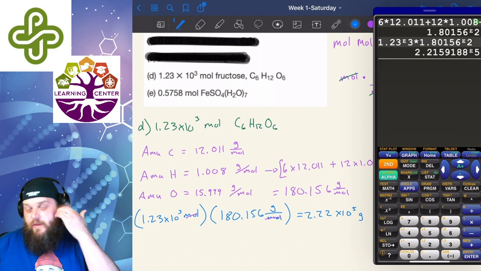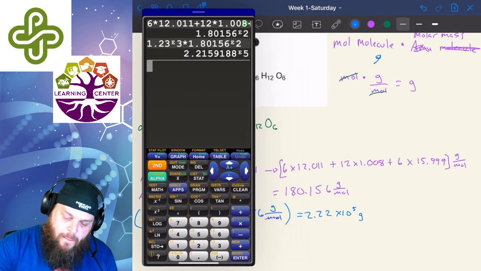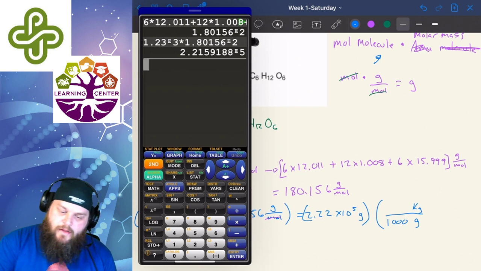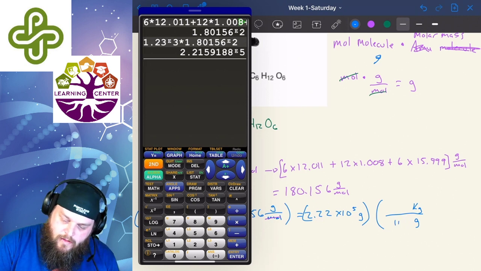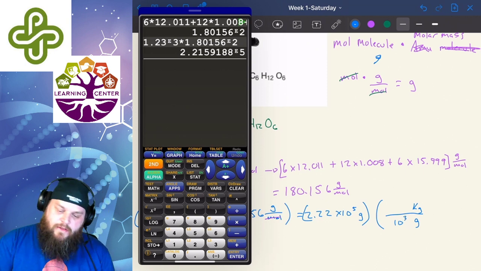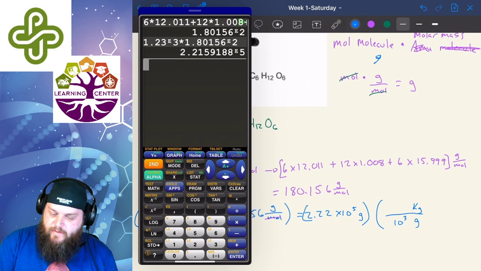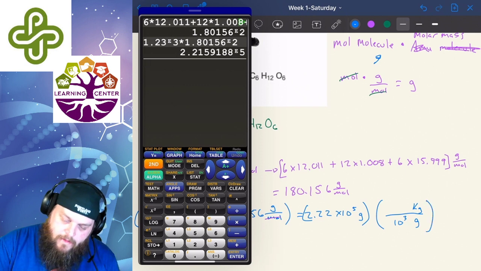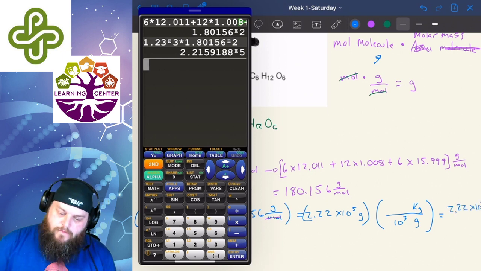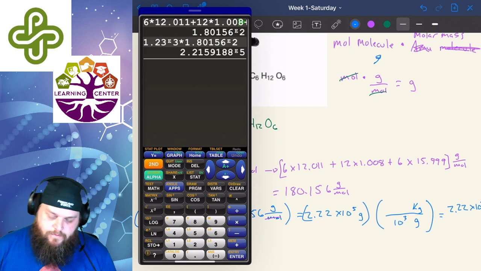Since it's 10 to the 5, we can convert to kilograms. To do that, we want to multiply this by kilograms over grams. This is 1,000 grams, or we can use 10 to the 3 on the bottom, just so we can see that 10 to the 5 over 10 to the 3 is going to leave us with 10 to the 2, which is equal to 2.22 times 10 to the 2 kilograms.